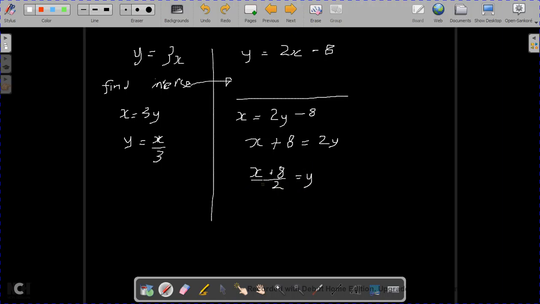And that's the inverse. So that's all we do, is just swap the x's and the y's and then rearrange so we get y equals something in terms of x.